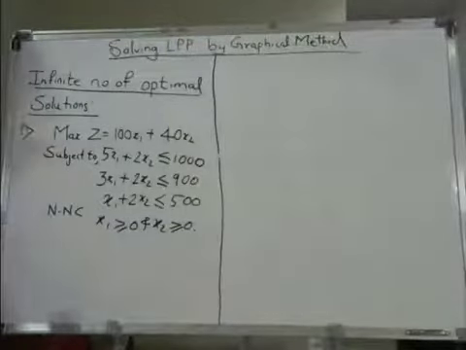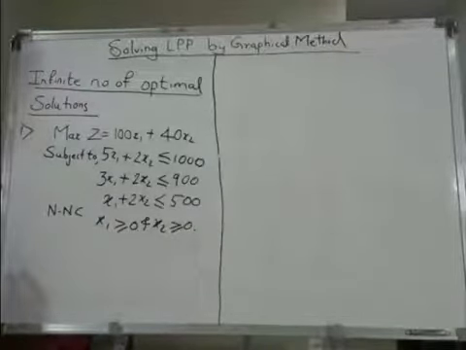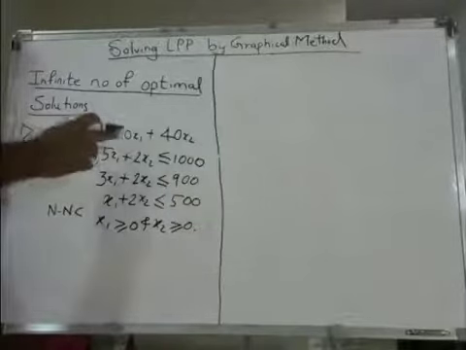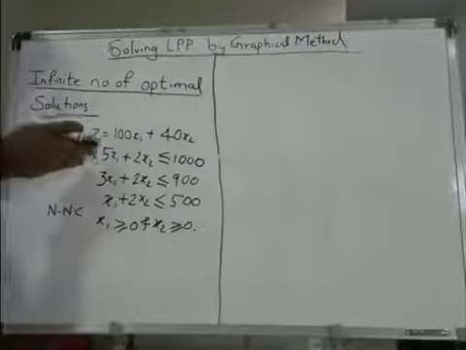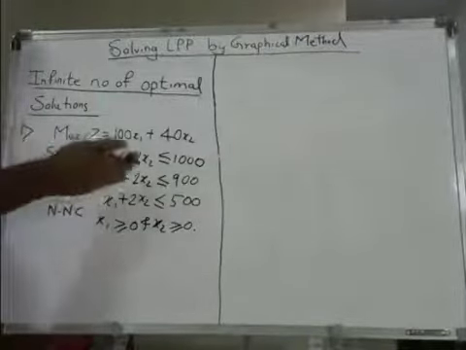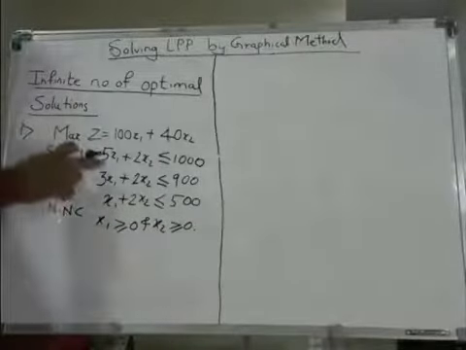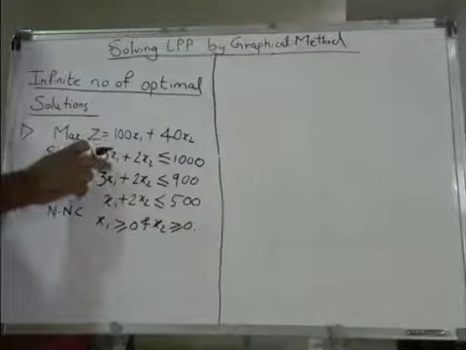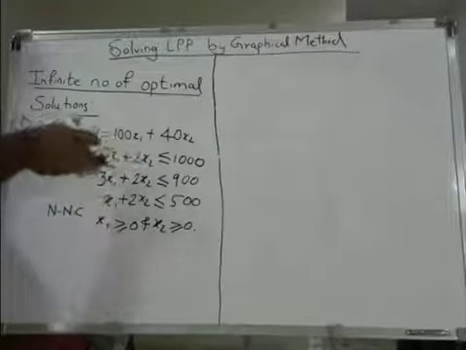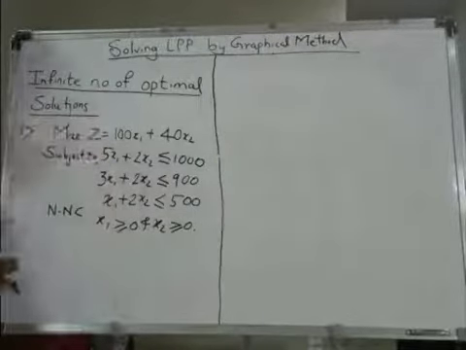Now I've written down the problem here. When we convert these inequality constraints into equalities, and substitute x1 as 0 to get x2, and x2 as 0 to get x1, we get the following coordinates.